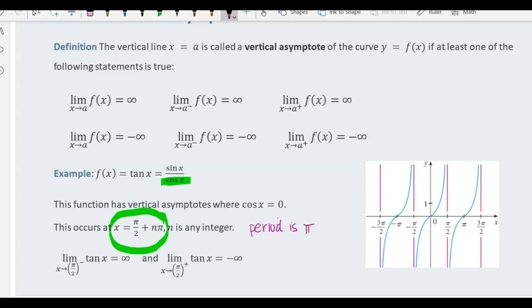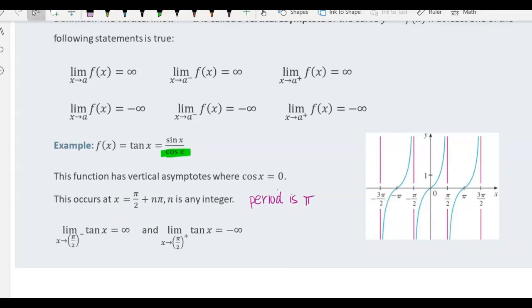If we want to consider what's happening at a particular point, like, let's say, pi over 2, we're going to look at what's happening as we approach x equals pi over 2.